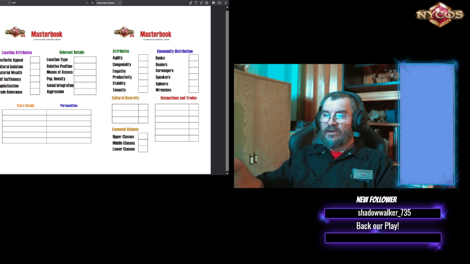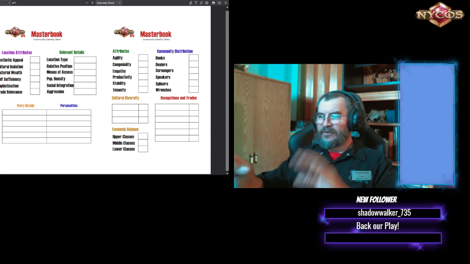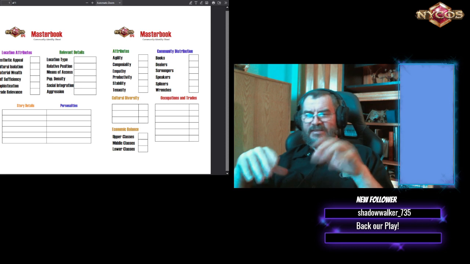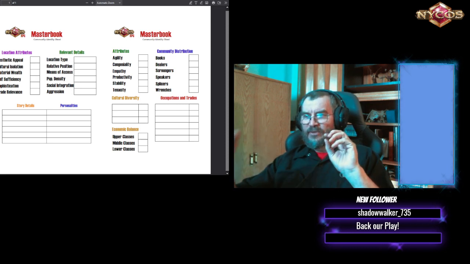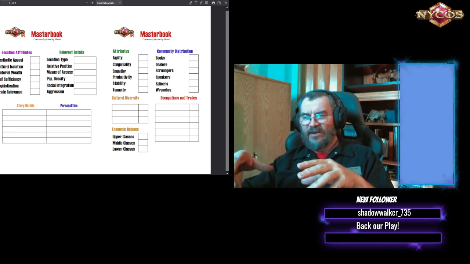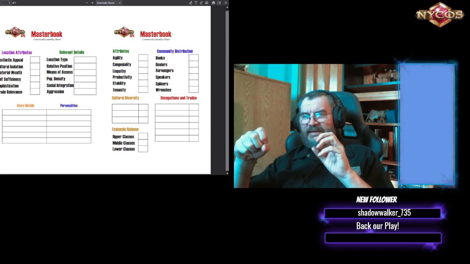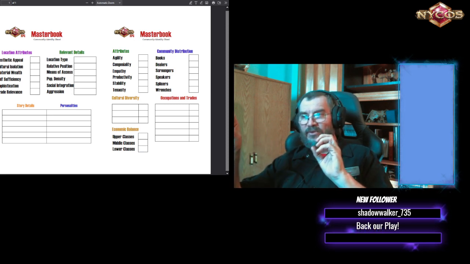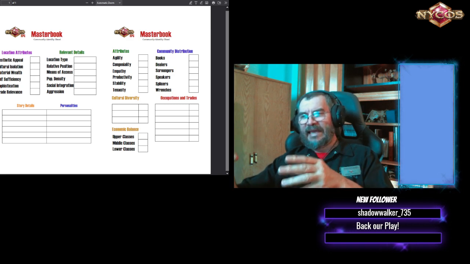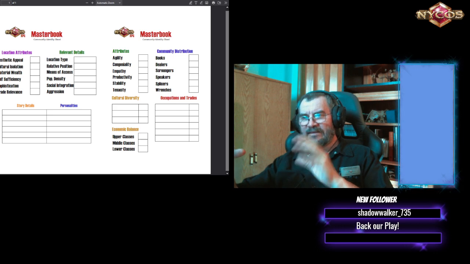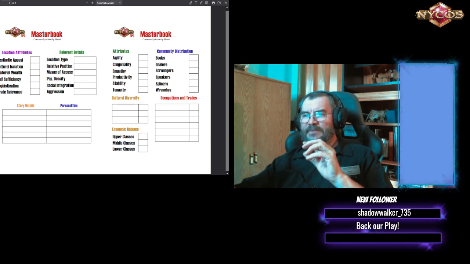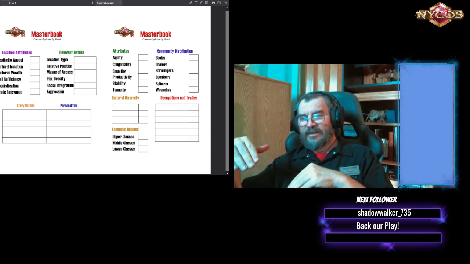The next section here on occupations and trades is a reference to what specialties this community has. If we've determined that they are culturally isolated, they're also socially disconnected, and mechanically it's very difficult to get resources out of here, then perhaps their occupations and trades will be more specific to the local needs.